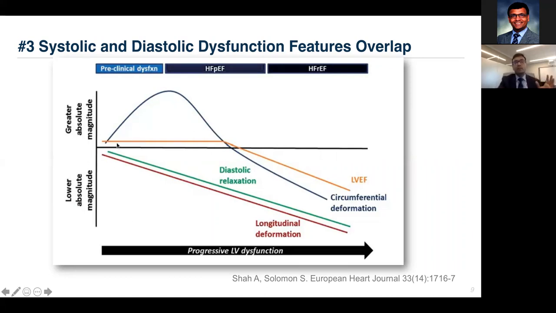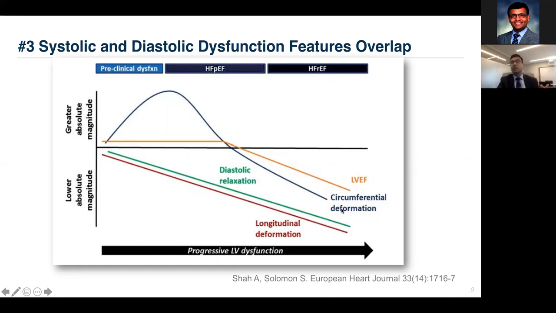And there is compensatory normalization, or in fact, the circumferential mechanics may be completely preserved in the initial phases. And once both longitudinal and circumferential mechanics start deteriorating, the LV starts dilating and going into the phase of heart failure with reduced ejection fraction.